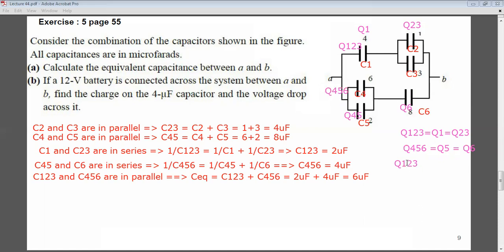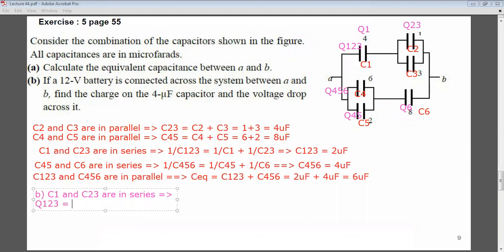Okay. So what do I know about Q123? Let me actually write these things here. So this is part B. C1 and C23 are in series, implies Q123 is equal to Q1 is equal to Q23.